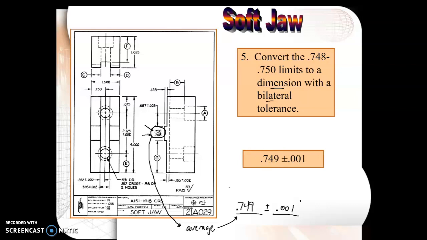So this is the dimension with the bilateral tolerance. Bilateral means in both directions, plus and minus. And this is limits.